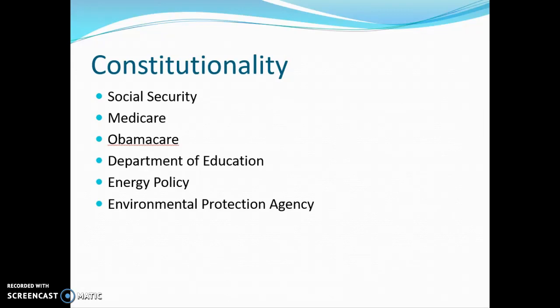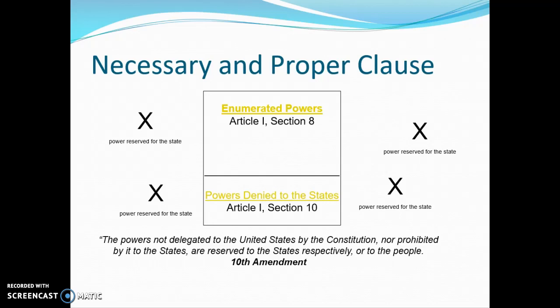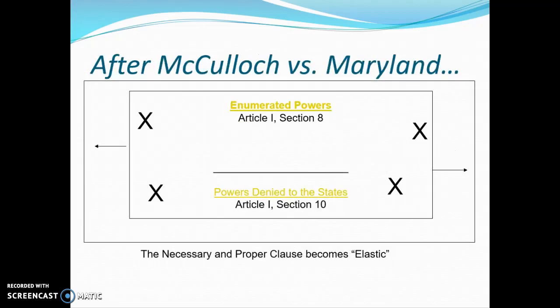But it would have been better if we had had the discourse, the public debate, to add a constitutional amendment to agree that we want a power to be federal. Instead, Congress passes a law, and if it's not challenged by the Supreme Court, the powers of Congress grows, and the necessary and proper clause becomes elastic.